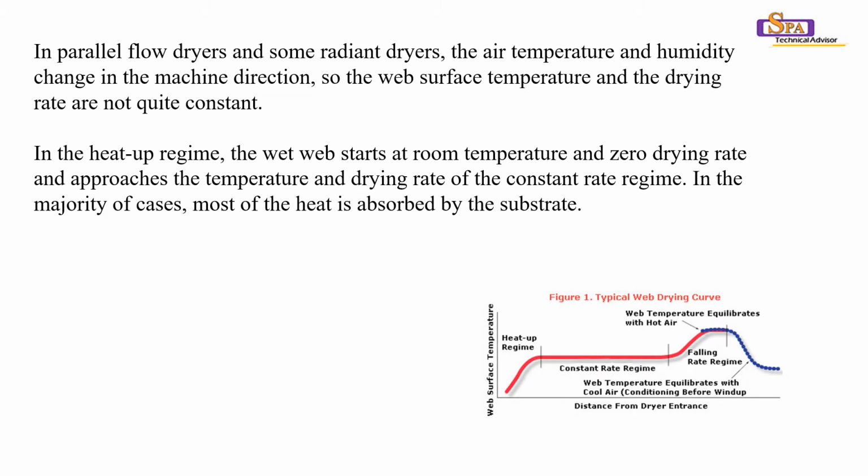In the parallel flow dryers and some radiant dryers, the air temperature and humidity change in the machine direction. So the web surface temperature and the drying rate are not quite constant.